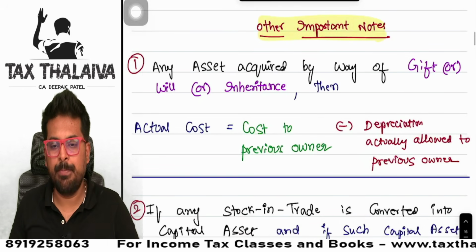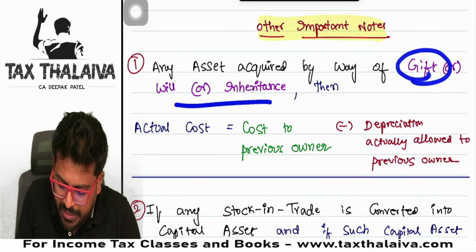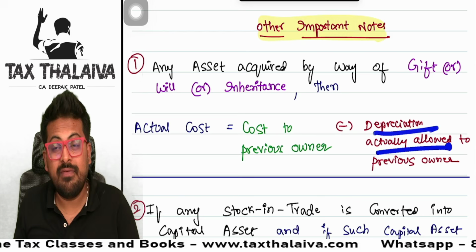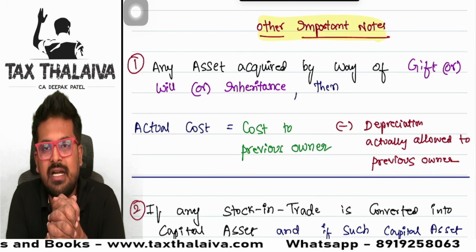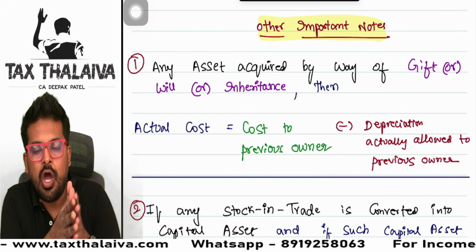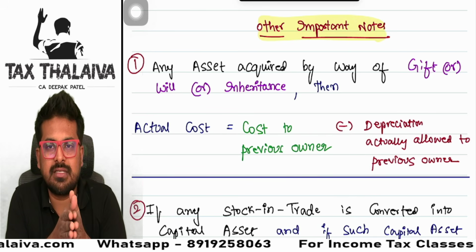Next, other important points. Any asset acquired by way of gift, inheritance or will: the actual cost will be the cost to the previous owner minus depreciation allowed to the previous owner. Guys, let's say someone gifted you an asset, or you got the asset through a will or inheritance from your ancestors.